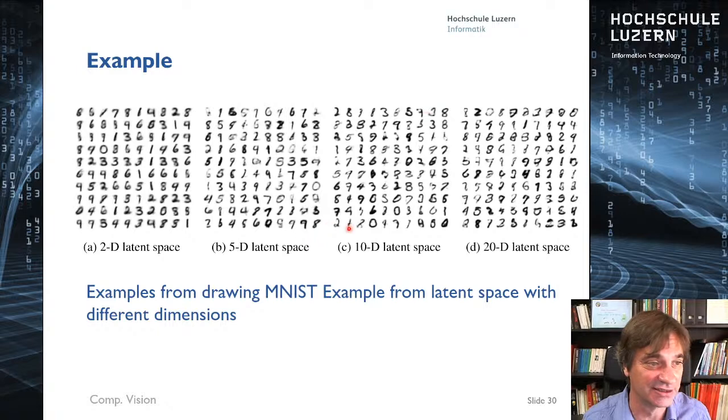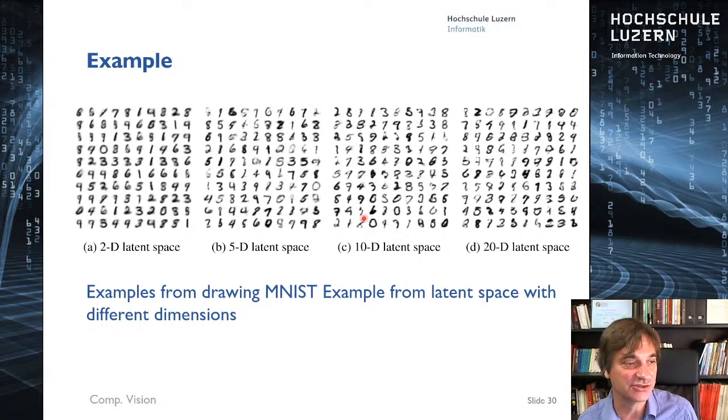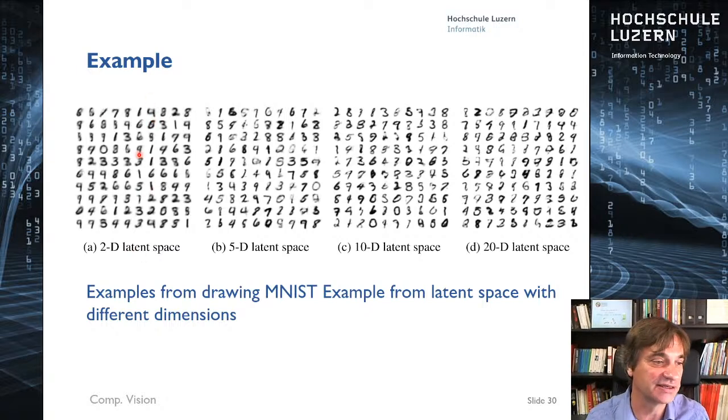And for example, you can play around with the size of your latent space. You give as input how much compression you want to have. So for example, in MNIST, if you do a 2D latent space, you get that result of generated images.